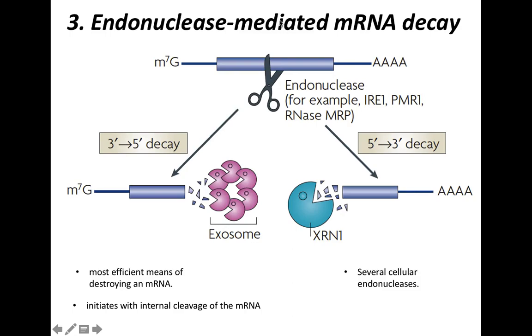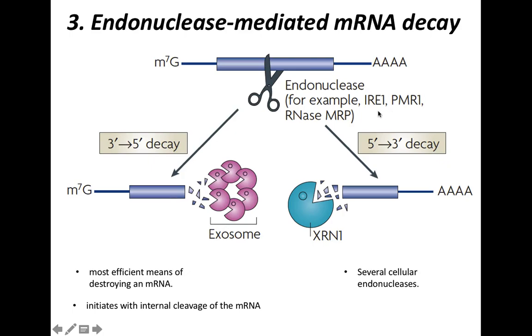So it would be easier to cleave the mRNA molecule in the middle if these RNases were frequently and easily available and functional inside the cytoplasm or even inside the nucleus. But they're very tightly regulated and very specific.